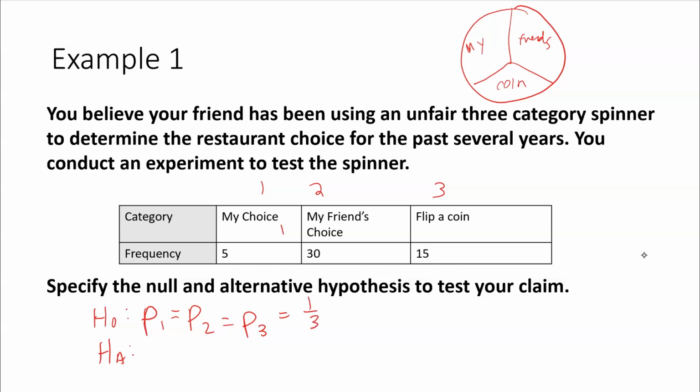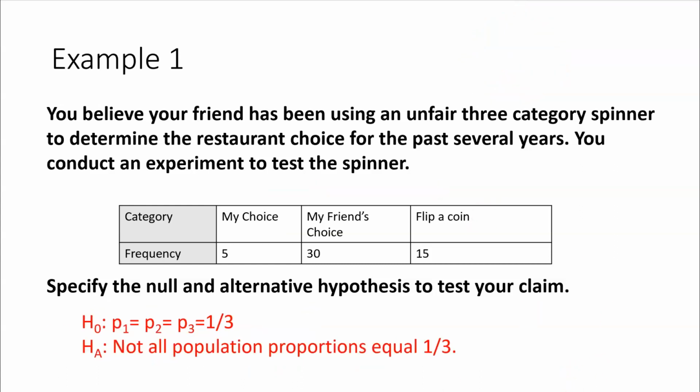We would want each one to be equal. So in this case, the alternative would be that not all population proportions equal 1/3. That's how we would specify it in this case. Again, you can see it written out.